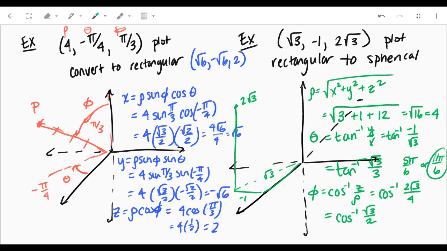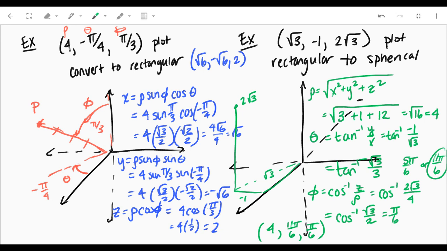So what angle has a cosine of square root of 3 over 2? That is going to be pi over 6. So in spherical, we'll have rho, theta, phi.